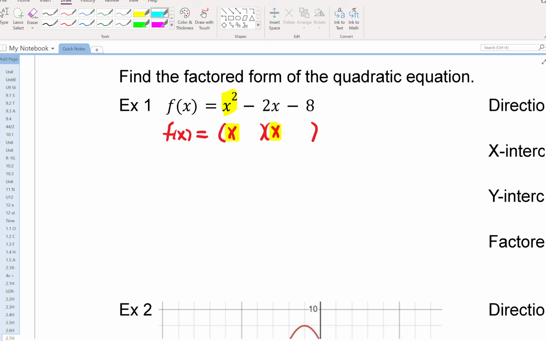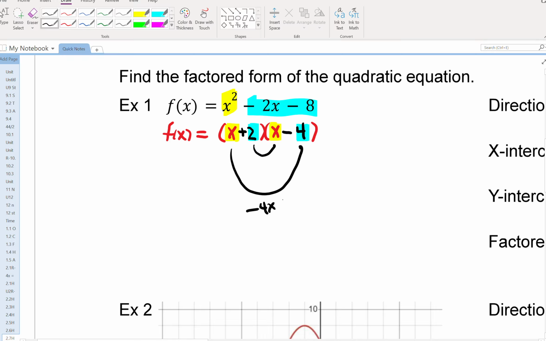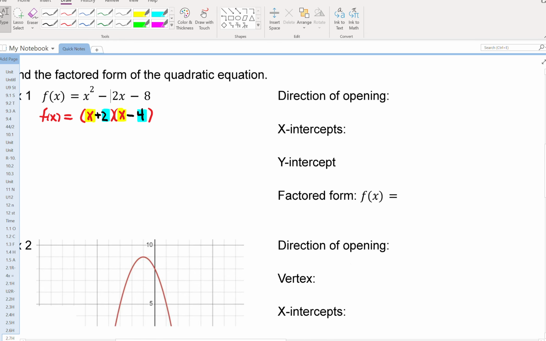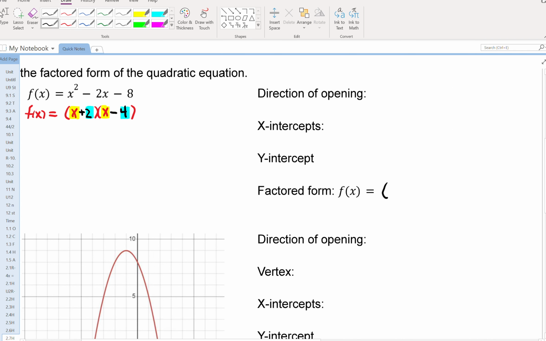And then I've got minus 8. And for those, we've got negative 4 and then plus 2. Because here that's negative 4x, that's plus 2x, negative 4x and plus 2x is the same as that negative 2x there. All right, so factored form is f of x is equal to x plus 2 times x minus 4.